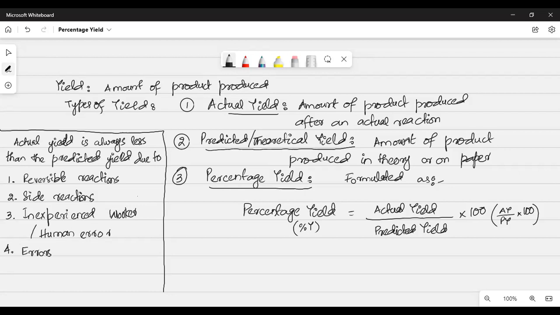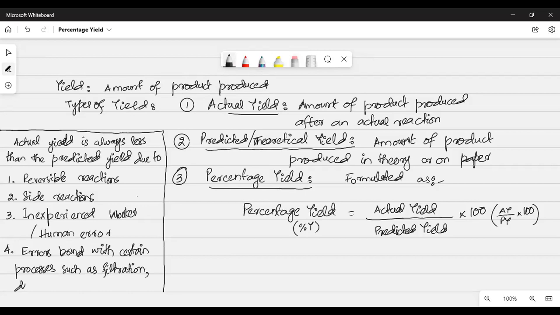And errors are bound with certain processes, such as filtration, distillation.